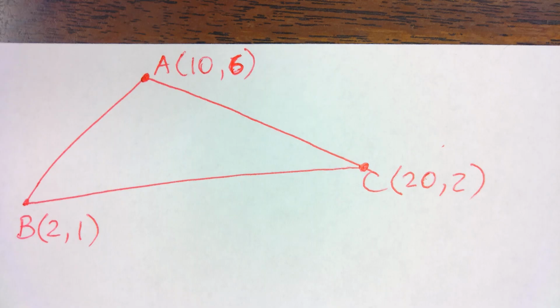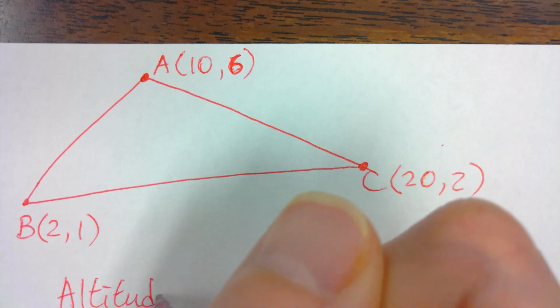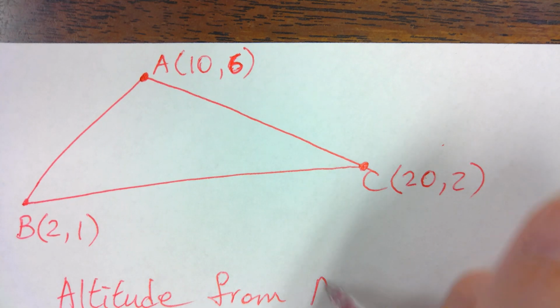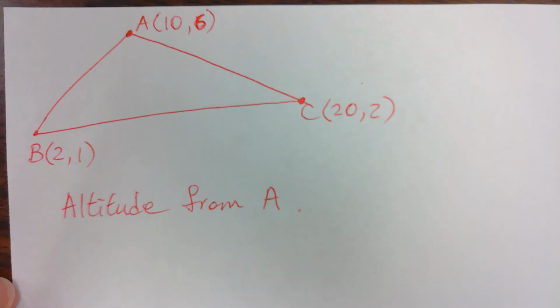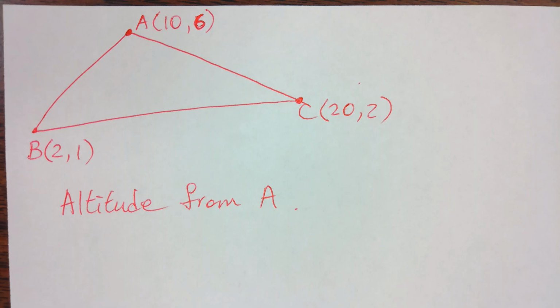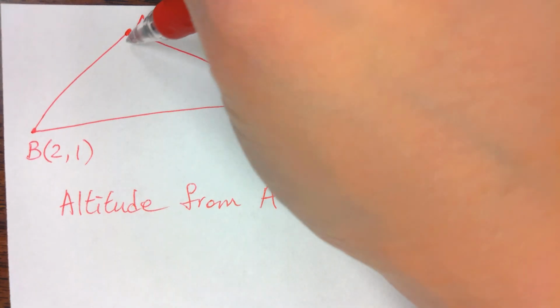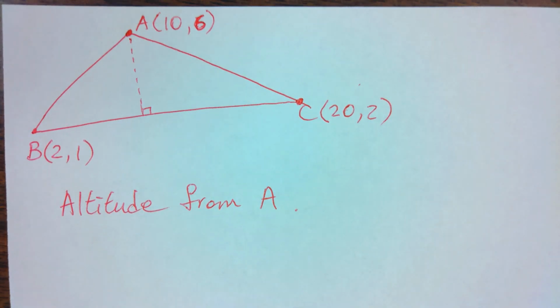So let's say I want to find the altitude from A. Altitude from A means I am drawing a straight line down to the opposite side and making a 90-degree angle.